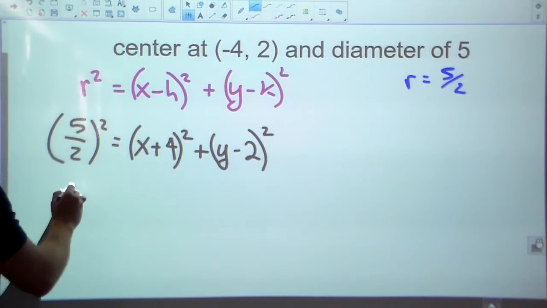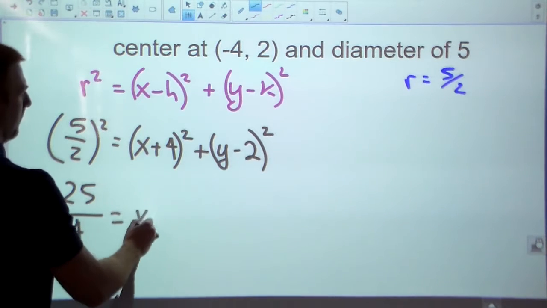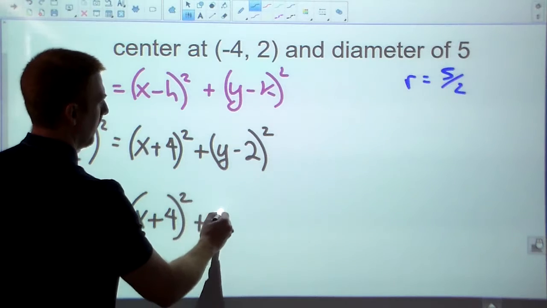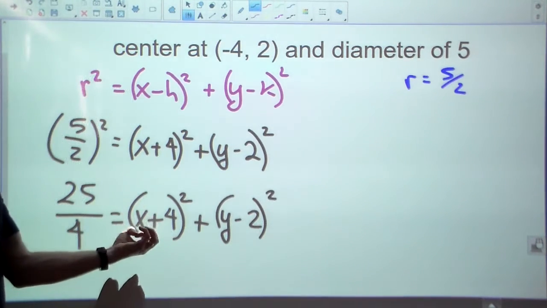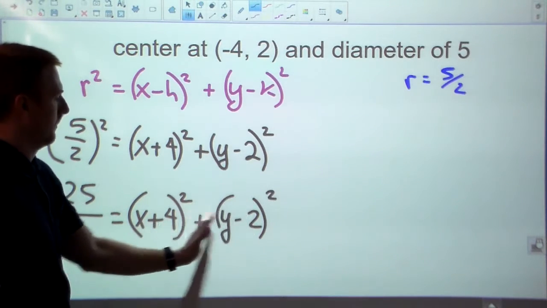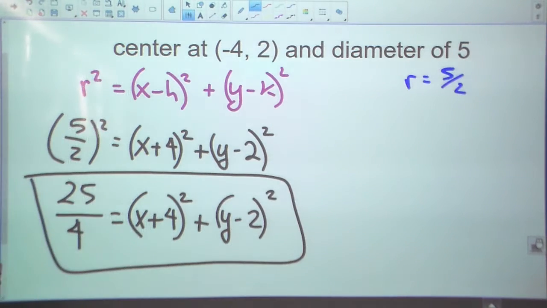We typically do. You do want to take the radius and go ahead and work it out. But I wouldn't expand the x plus 4 or the y minus 2. I would leave them like they are, because when you get it in this format, you can easily take your center point and get it from the h and the k there. So that's good enough. That'll be your equation. That's where you'll want to leave it.